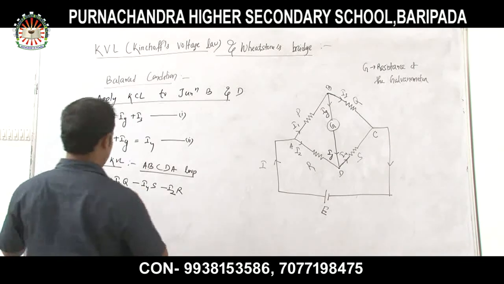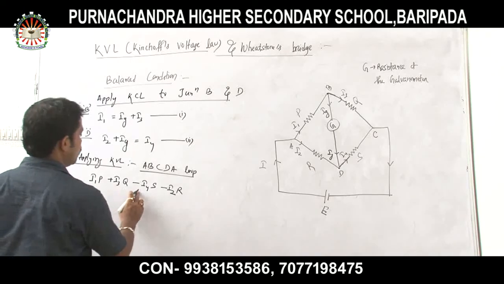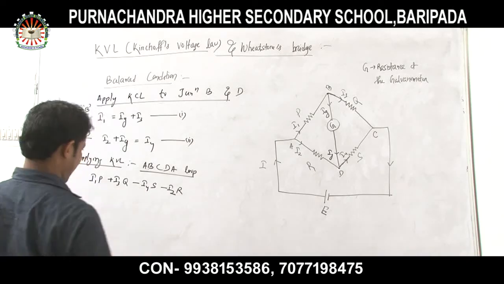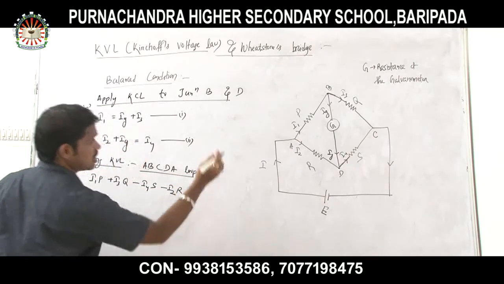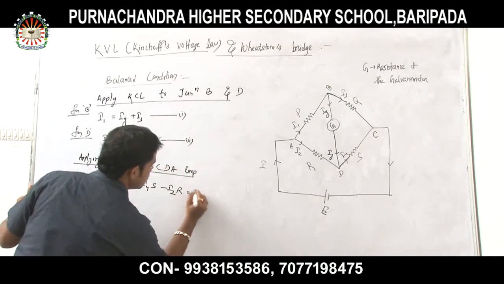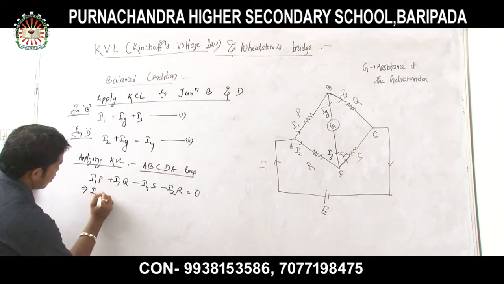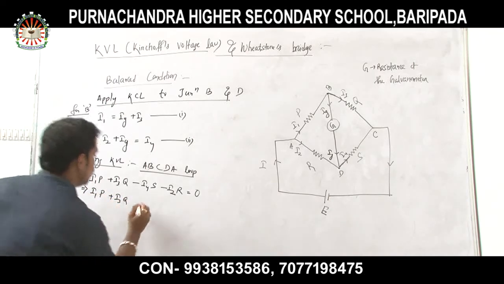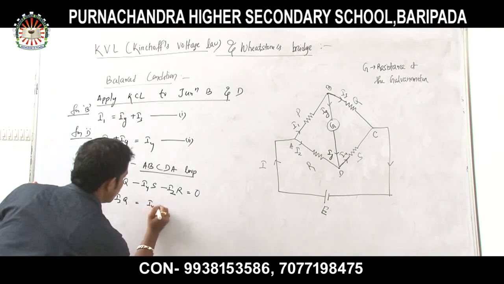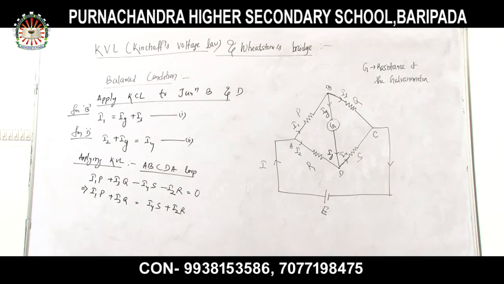So I1P plus I3Q minus I4S minus I2R, and no EMFs are there, so this is equal to 0. That implies I1P plus I3Q is equal to I4S plus I2R. Understood all of you?